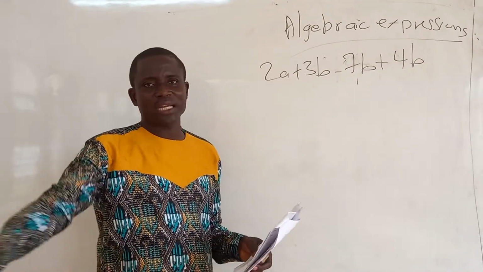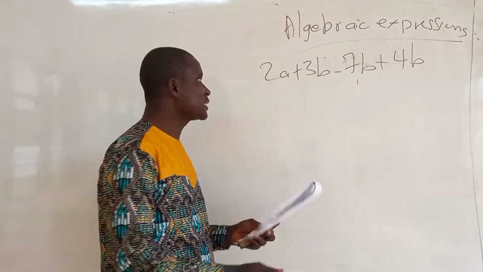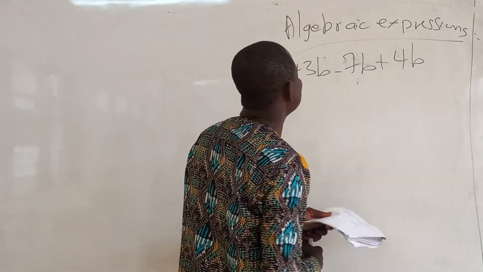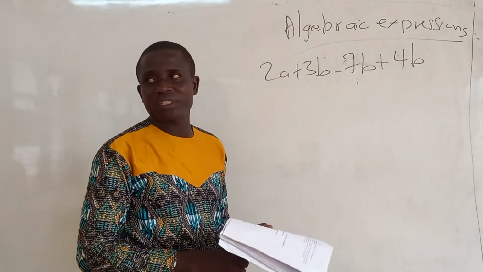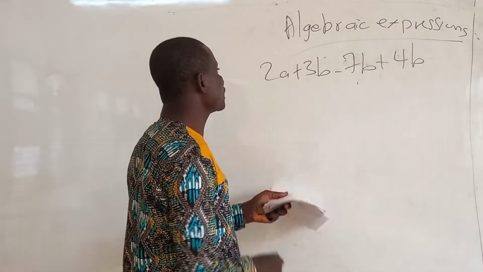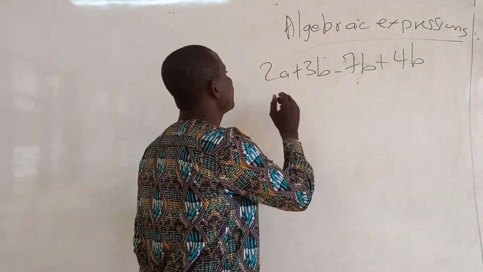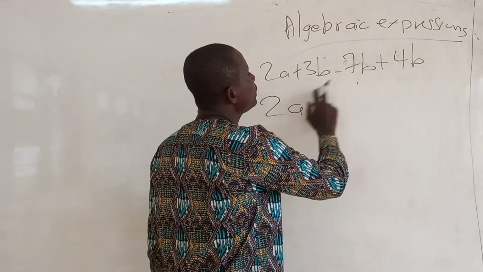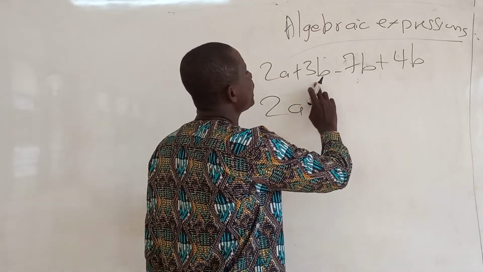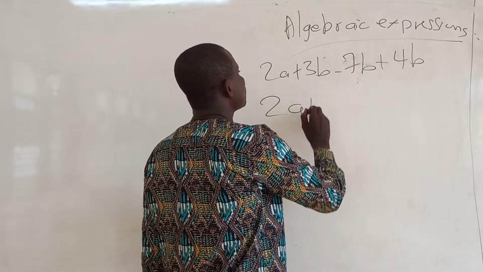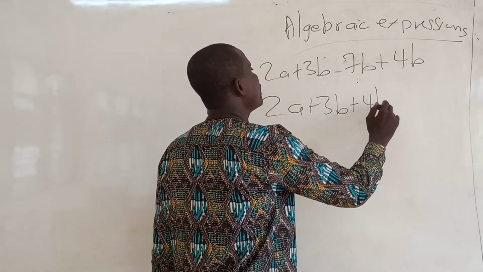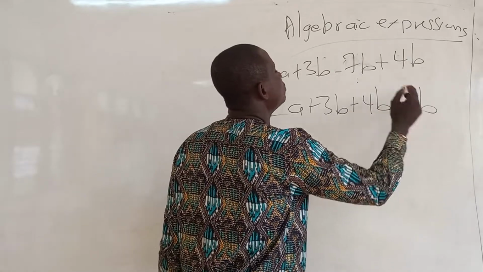Basically, we have to understand that if you have something like this, it's a matter of concentrating on the coefficients. Here we have 2a. Then the coefficients of b are what? We have 3b, plus 4b, minus 7b.